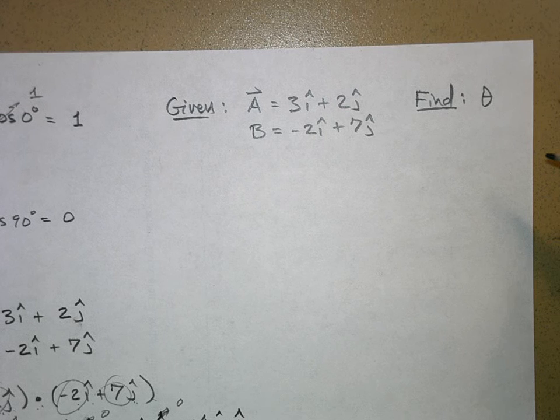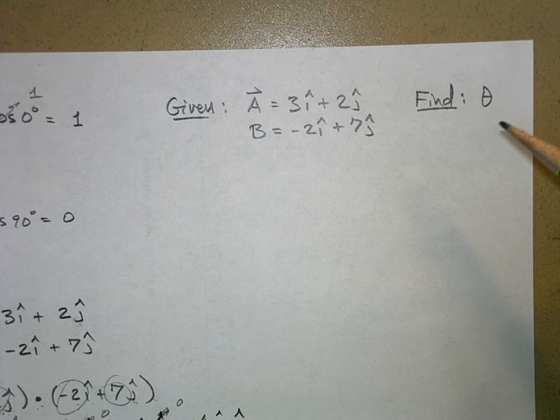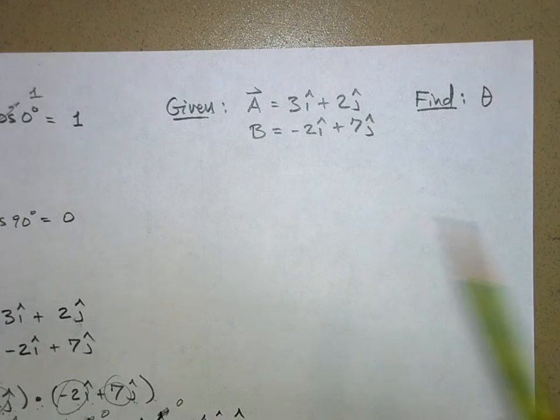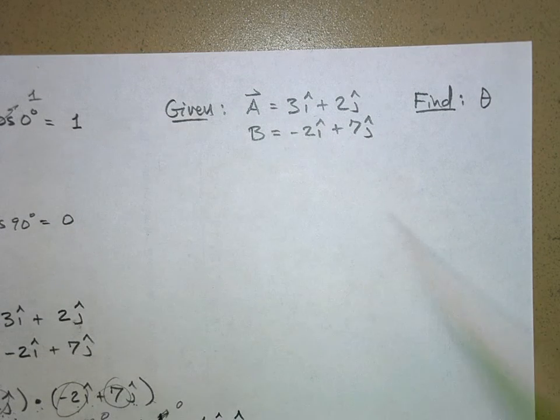Now, with two-dimensional vectors, it's pretty easy just to draw a picture of it, express them in polar coordinates, and then just subtract their angles to figure out the angle between them. But with a three-dimensional vector, that becomes much more difficult. But I'll show you a really easy way using dot products.